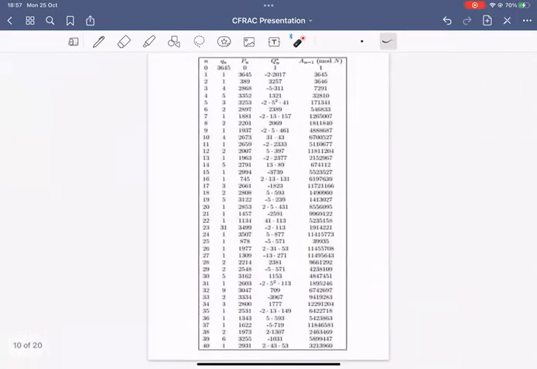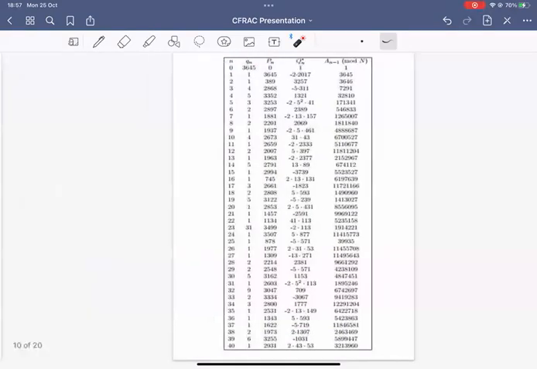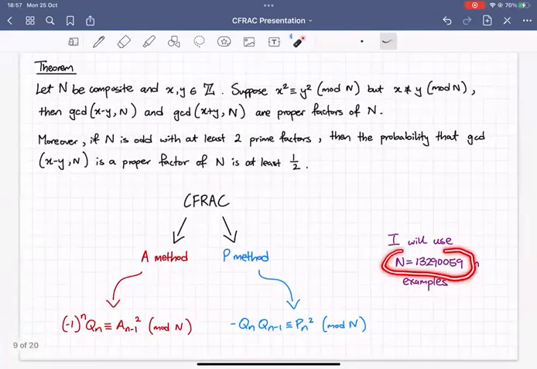So here's a table. Remember, the Qn are the terms in the continued fraction expansion of your integer. This is for n equals 13,290,059.